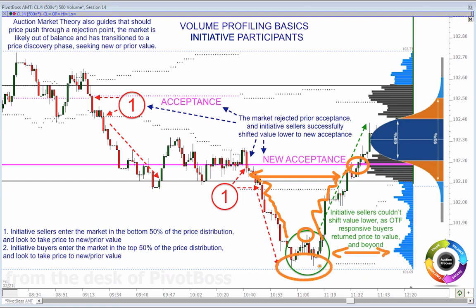And instead, that was rejected, and OTF, market responsive participants, entered the market at that point and returned price to value, and then auctioned it higher toward prior value as well.